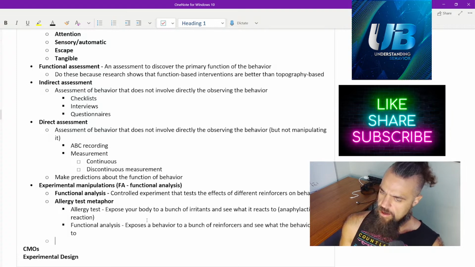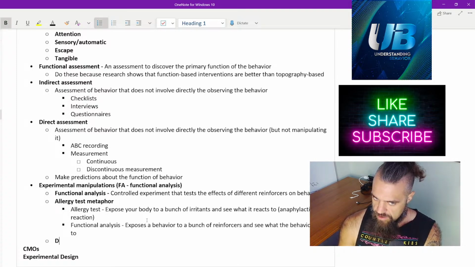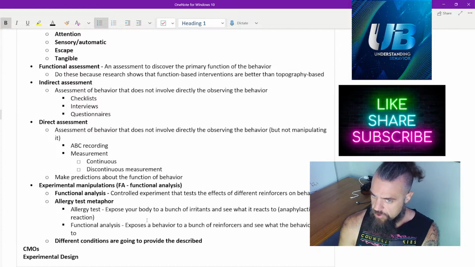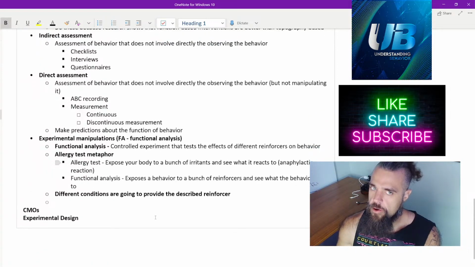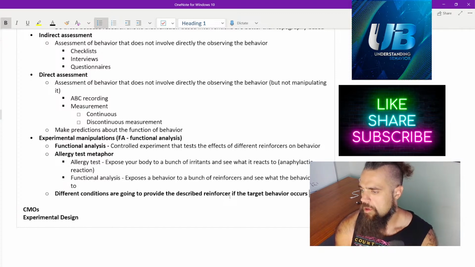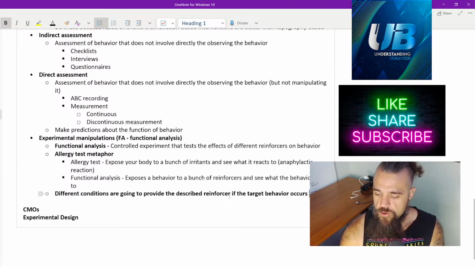So we have our different conditions. All of our different conditions are going to provide the described reinforcer if the target behavior occurs. If you ever do a functional analysis, it's the most counterintuitive thing to do in your life.